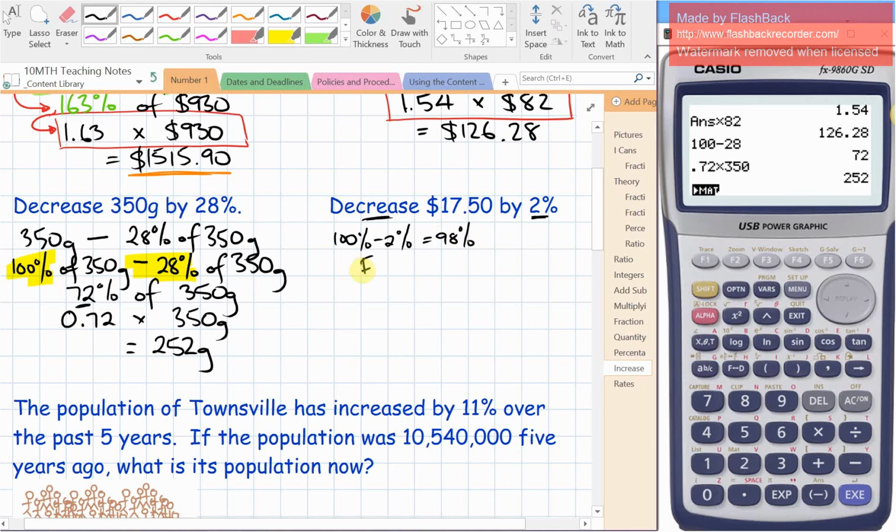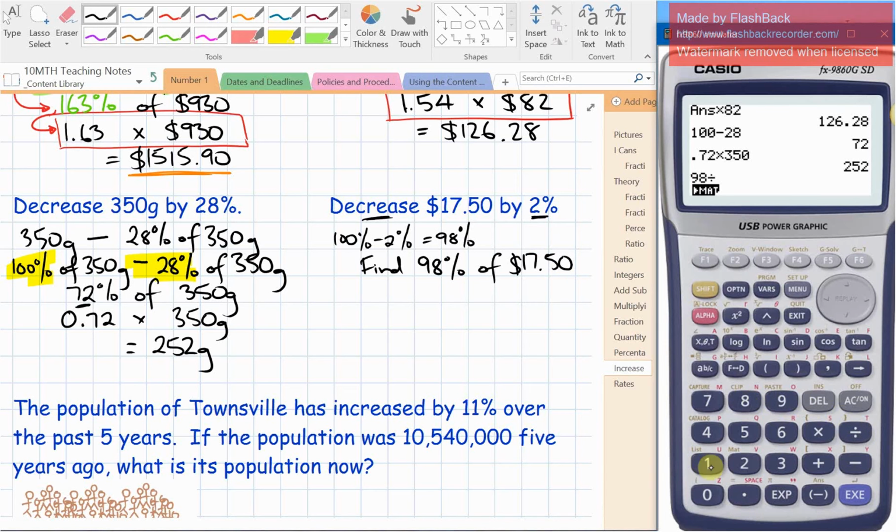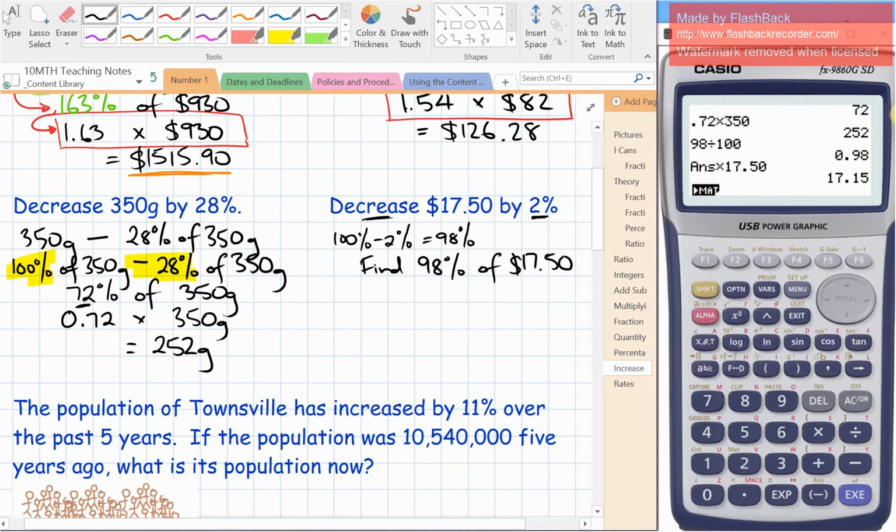So I need to find 98% of $17.50. So on my calculator, 98 divided by 100 and then times $17.50, I get $17.15.